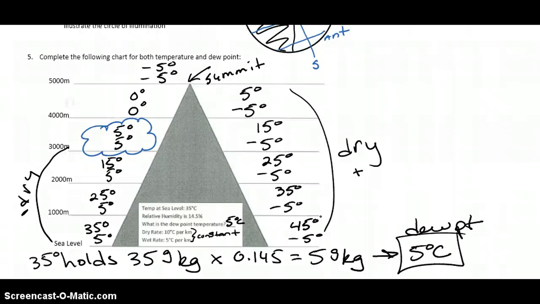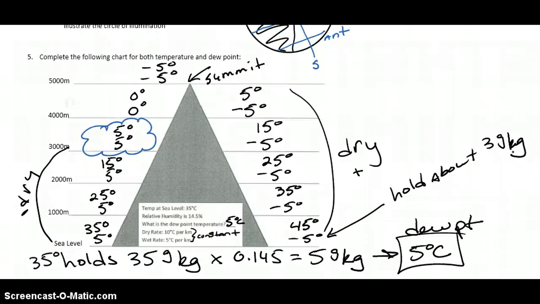So let's think about this a little. How much can -5 degrees hold? -5 degrees isn't really on the chart, but it can hold about 3 grams per kilogram. Now remember, that was the same temperature that we had at the top. So at the summit, we were holding about 3 grams.